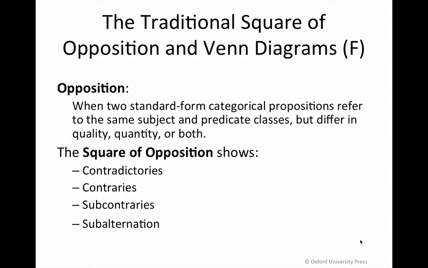We now move on to the square of opposition, as well as the immediate inferences, conversion, contraposition, and obversion, from the standpoint of the traditional interpretation of the universal claim. Remember that the traditional, or Aristotelian, interpretation of the universal claim is that there is the assumption of existential import, which is to say, there's the assumption that a member of the subject class exists.